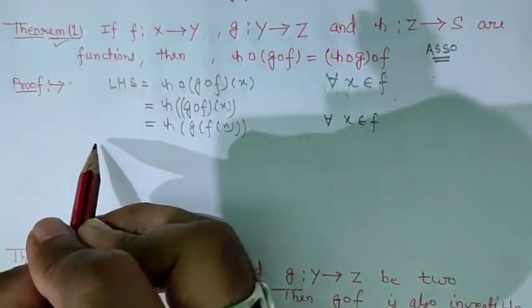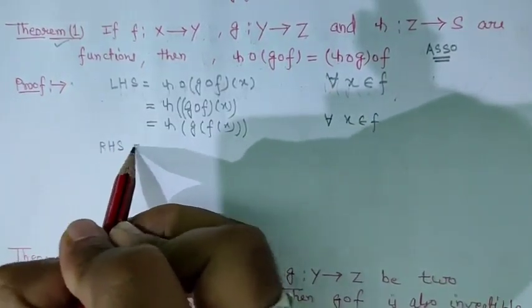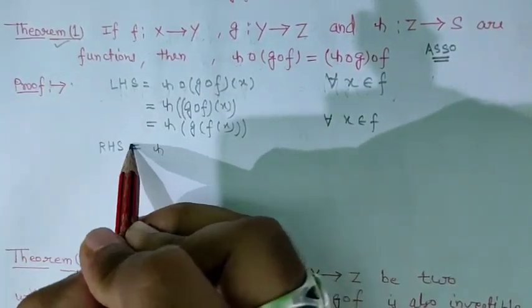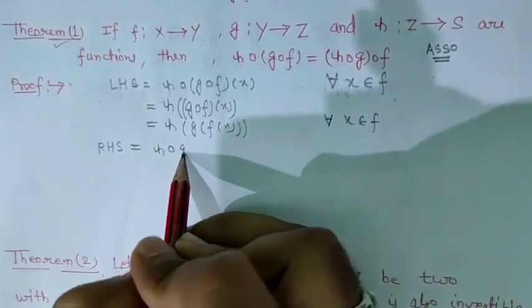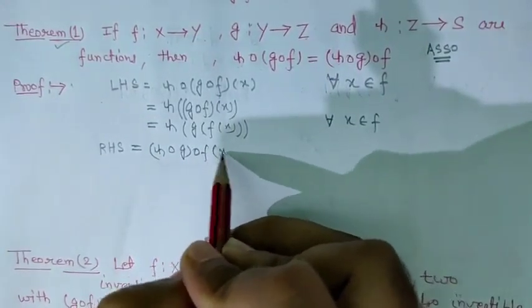Now take the right hand side part. See what will happen here. (hog)of(x).